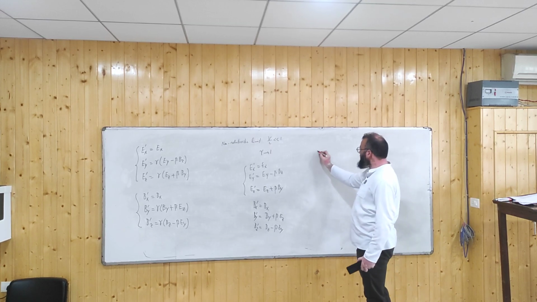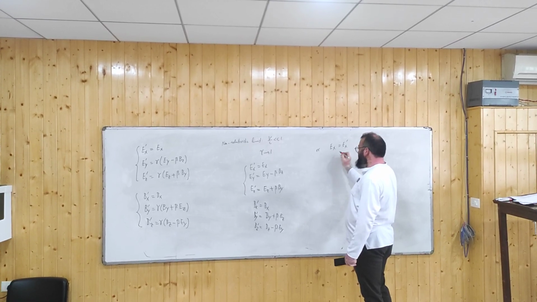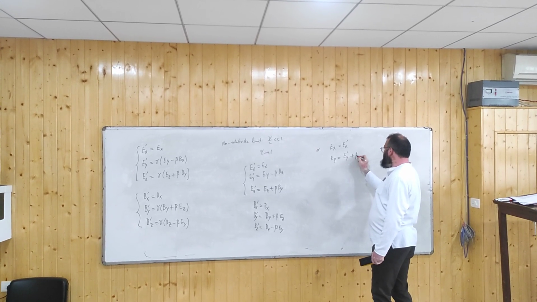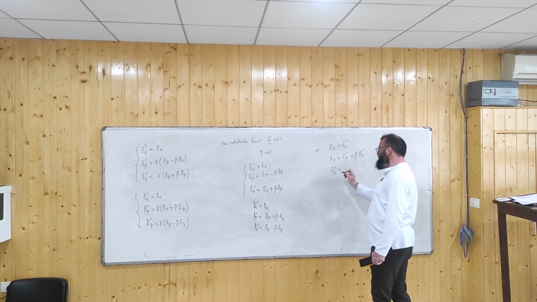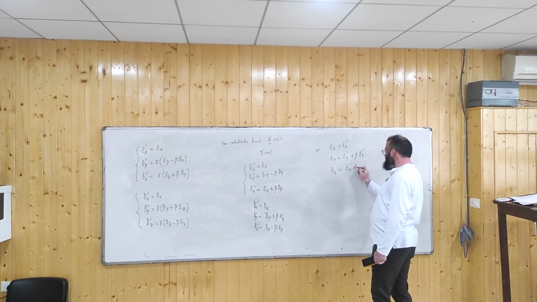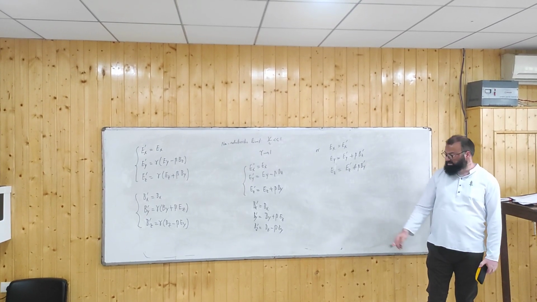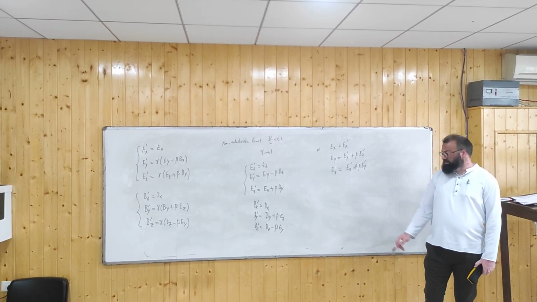I can write the inverse transform this way: Ex is equal to Ex prime, Ey is equal to Ey prime plus beta Bz prime, and Ez is equal to Ez prime minus beta By prime, in terms of the primed system. Similarly for the other case. Clear? Got it?